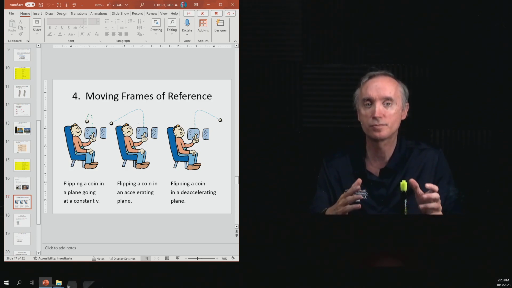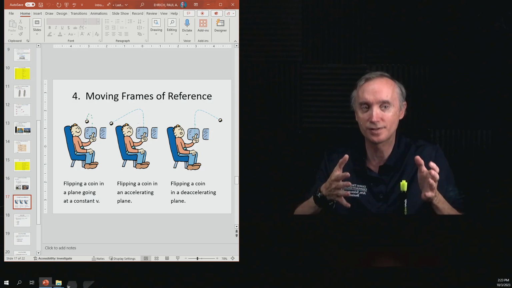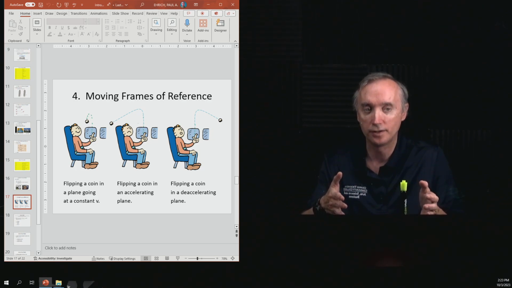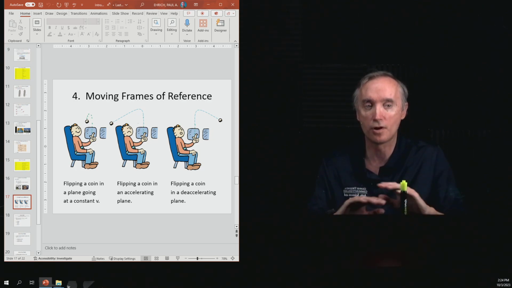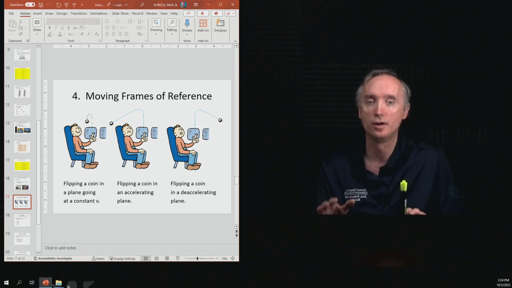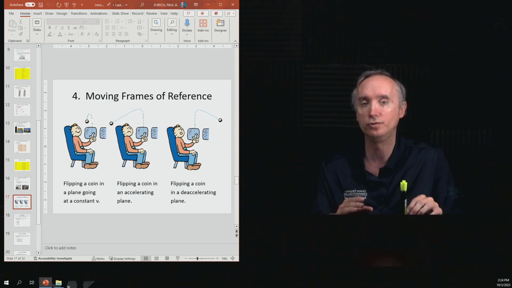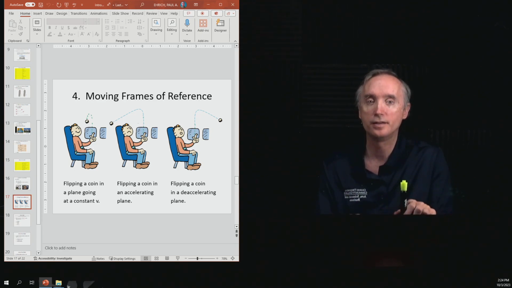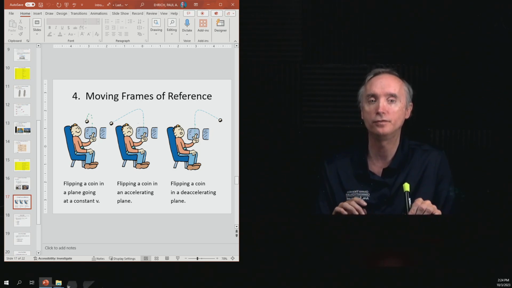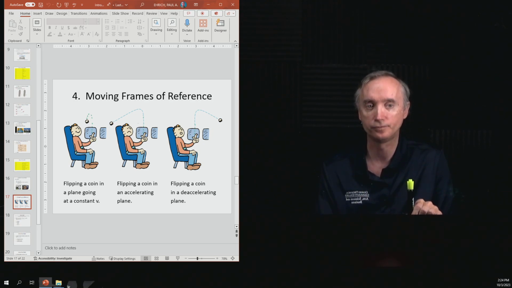But there's no experiment that you could do inside the airplane that would prove that you're moving. So all the laws of physics would be the same in a frame of reference that's moving with a constant speed.